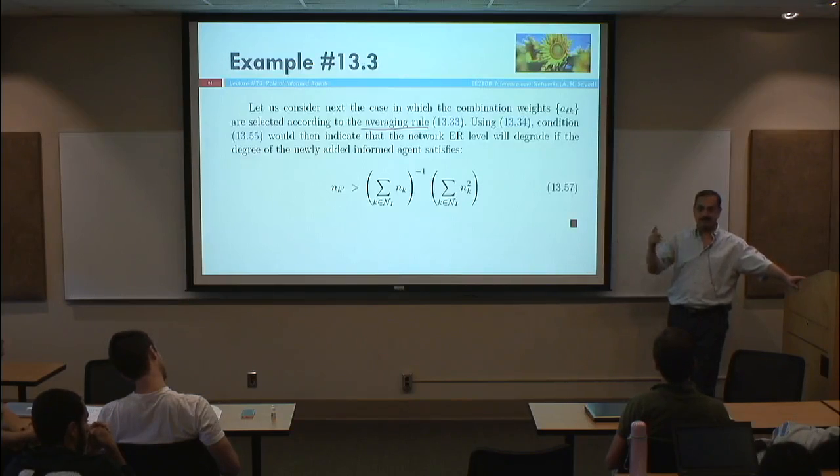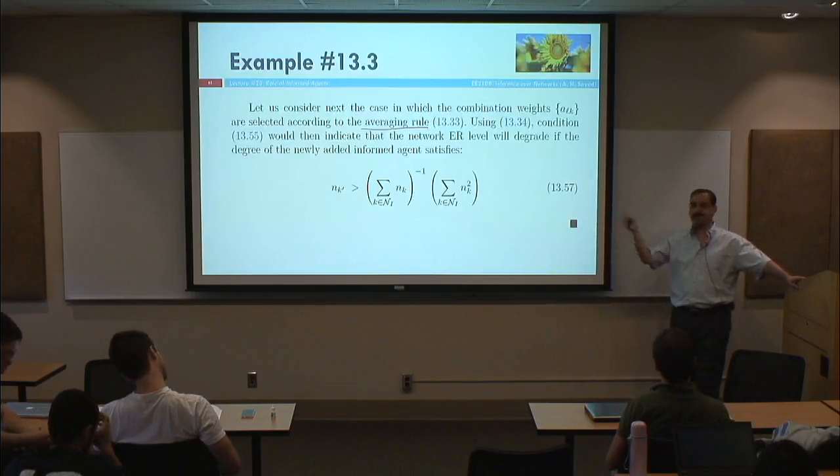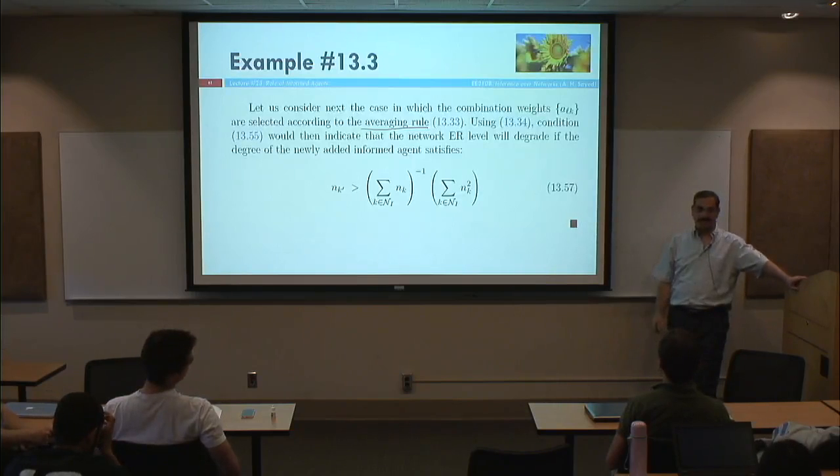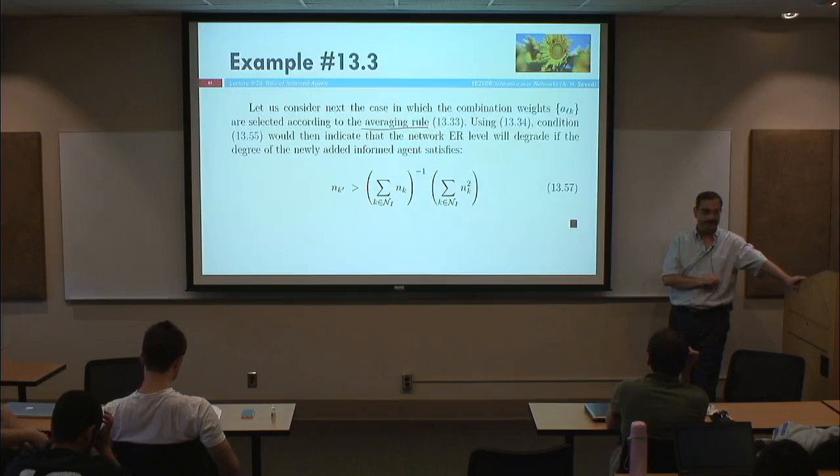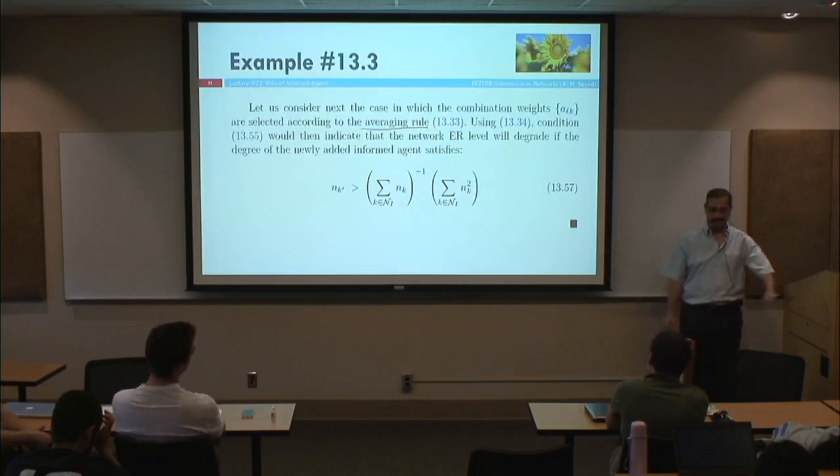If they happen to be ones that satisfy this condition or not, the performance may go this way or that way. All this analysis is trying to show you is that it does matter who the informed agents are, where they are, and it tells you exactly how to find that, how to quantify that. You have the tools to do that now.